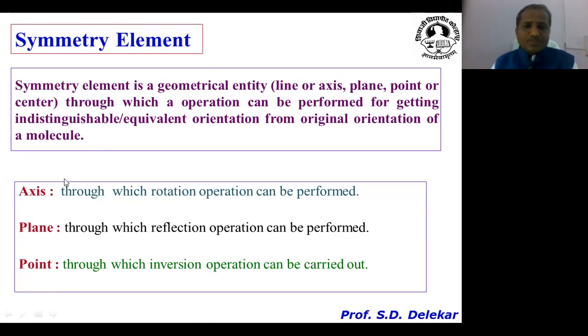So there are these geometrical entities: line or axis, plane, point or center. The axis is that through which the rotation operation is carried out, the plane is that through which reflection is carried out, and the point is that through which inversion is carried out. So symmetry operation and symmetry elements, these two basic terminologies, are very important in group theory.